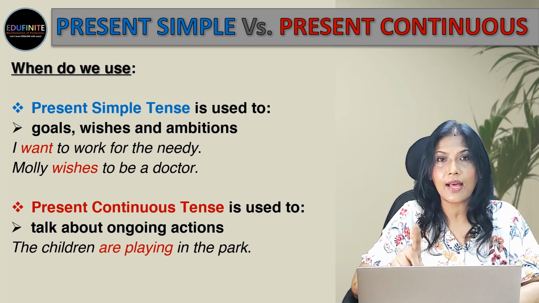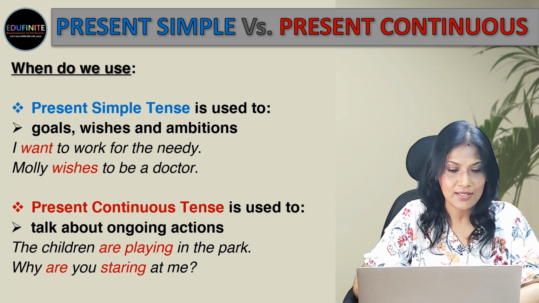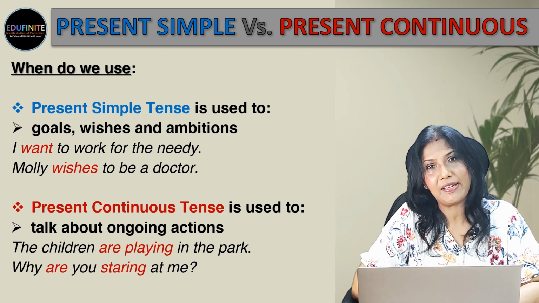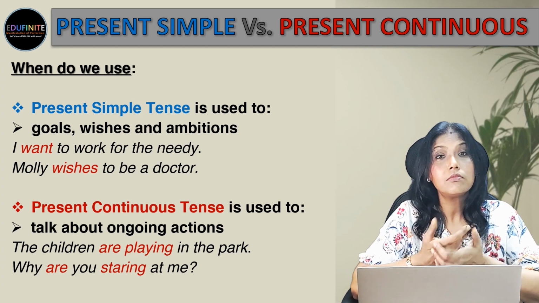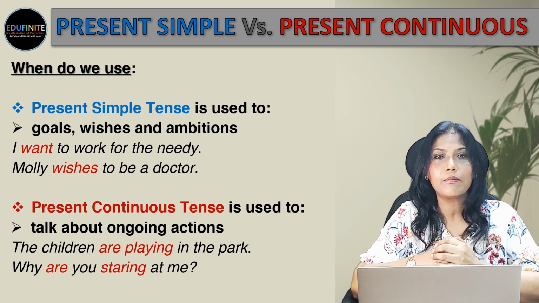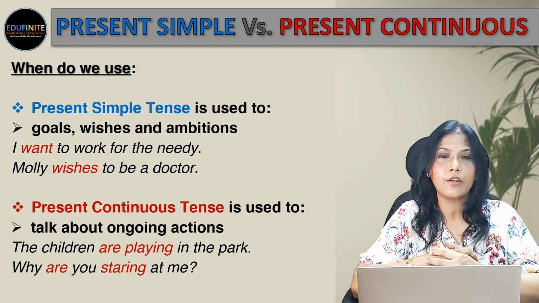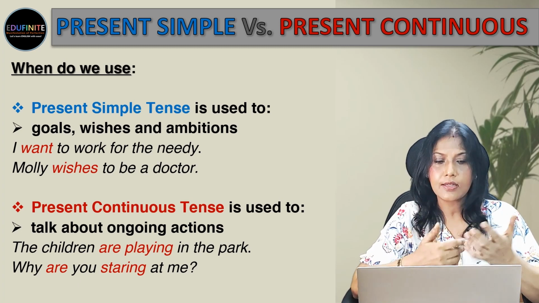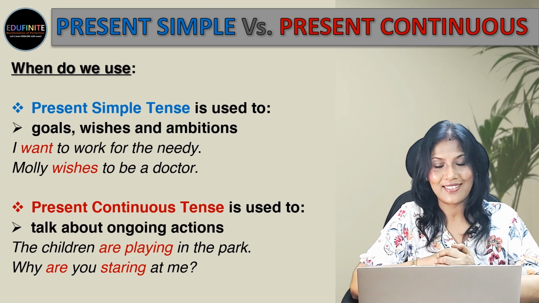So while describing that, I'm using the present continuous tense. Okay. Next, why are you staring at me? So someone, maybe my friend or my mother, got annoyed with me and she's staring at me, and then I ask her, why are you staring at me? So that is how we use the present continuous tense.